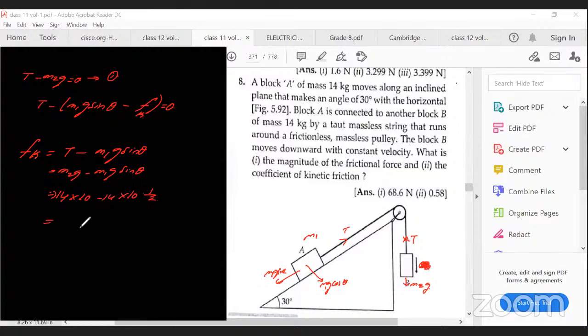So it is 14 into 10 into 1 by 2, which is 7 times 10, so it is 70 newtons. We got the friction force.